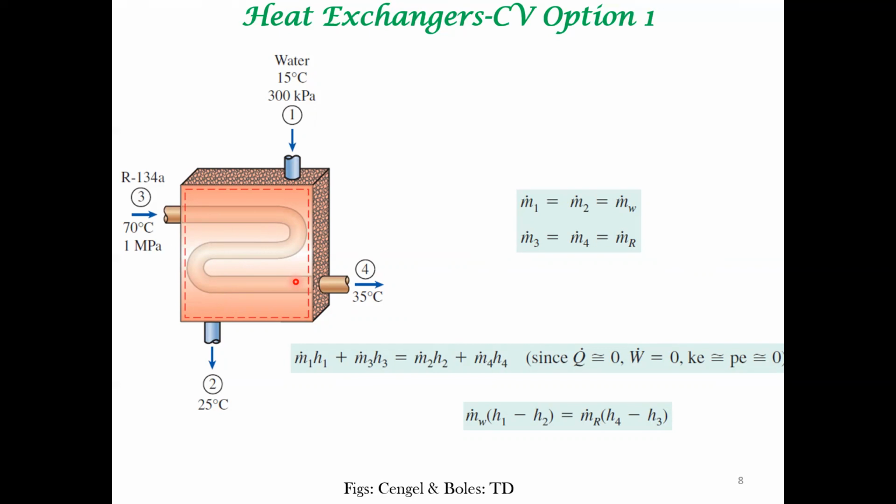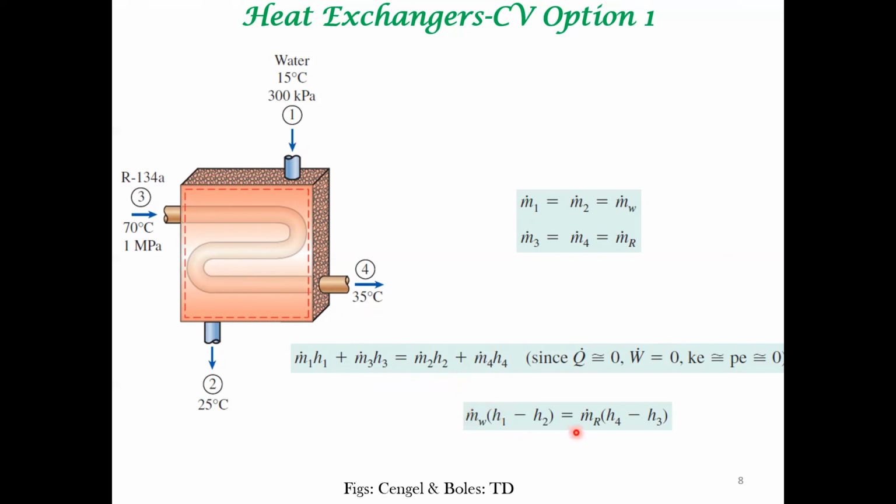So what is the bookkeeping used for? You bookkeep the amount of inlet enthalpy, that is the mass flow rate of water times the inlet enthalpy of water, plus the mass flow rate of the refrigerant times the inlet enthalpy of the refrigerant. This is summed up and equated to the outlet enthalpy of water and the refrigerant, right?